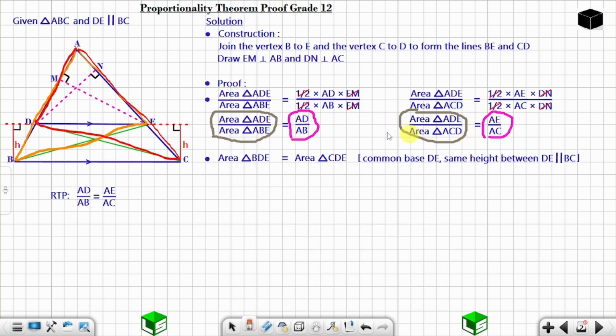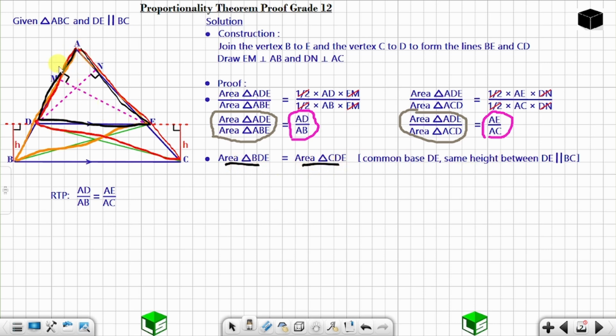You have a common area for these triangles, the triangles in the denominator. So you only have to worry about the bottom part. The bottom parts are equal. We proved it.